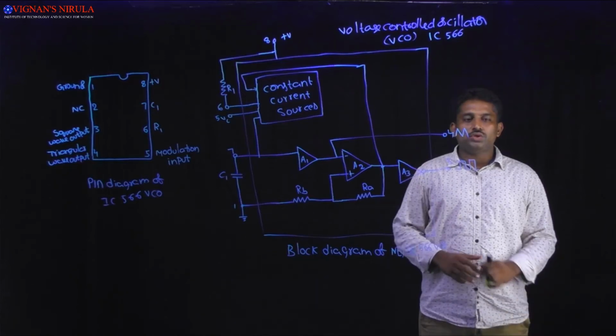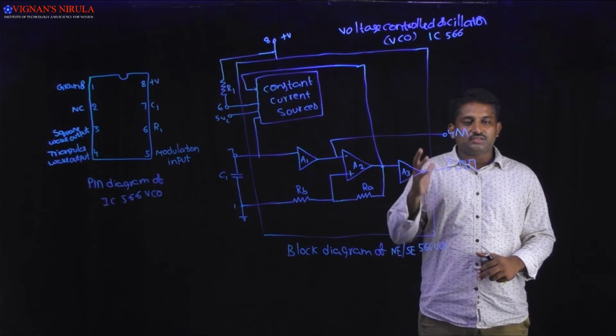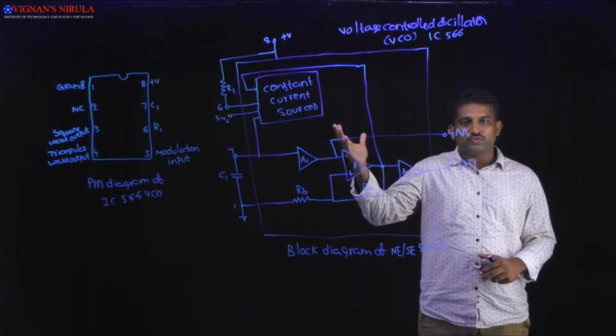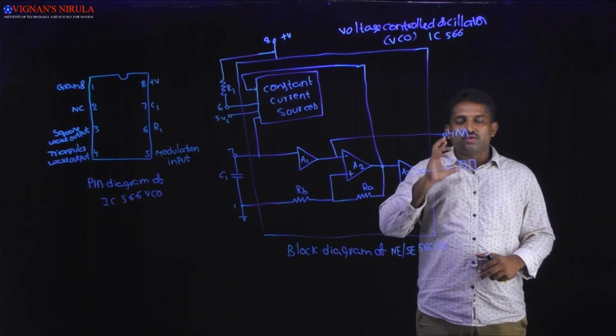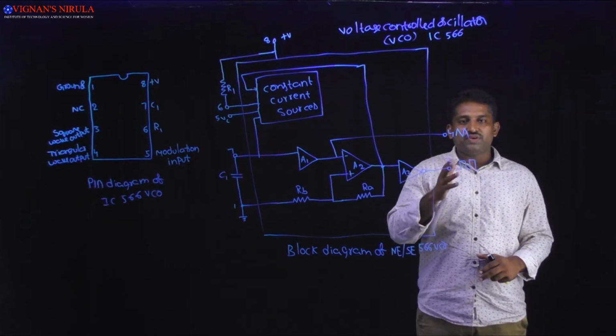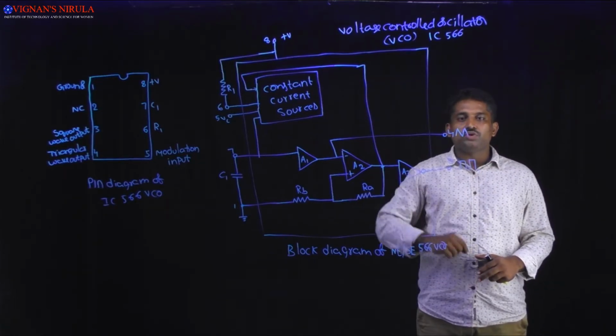Voltage controlled oscillator. A voltage controlled oscillator is an oscillator circuit which produces output frequencies depending upon the externally applied input voltage, and the VCO maintains a linear relationship between output frequency and input voltage.